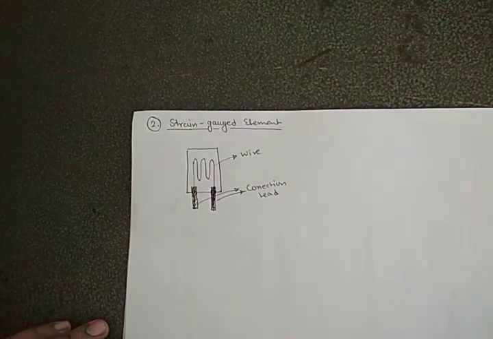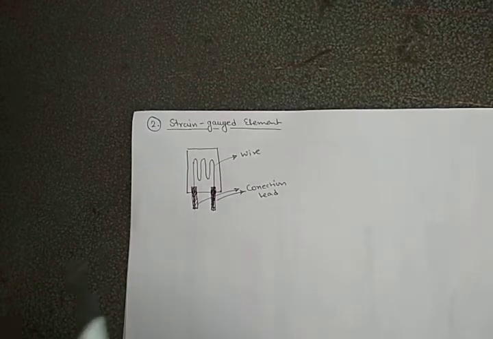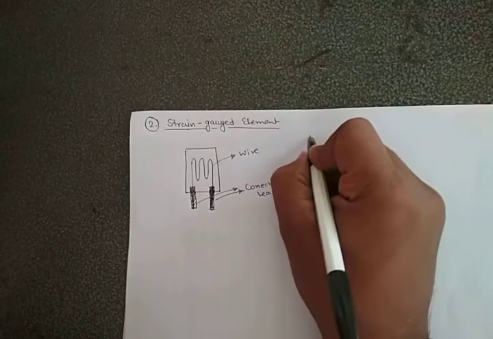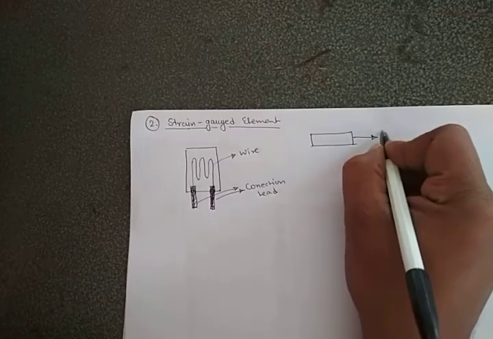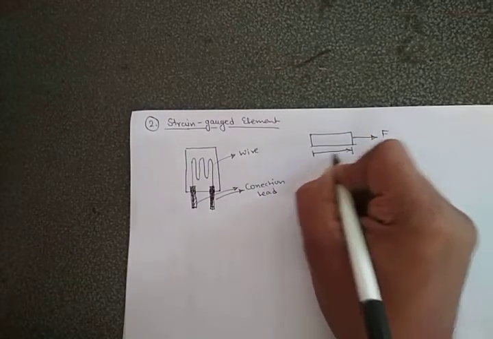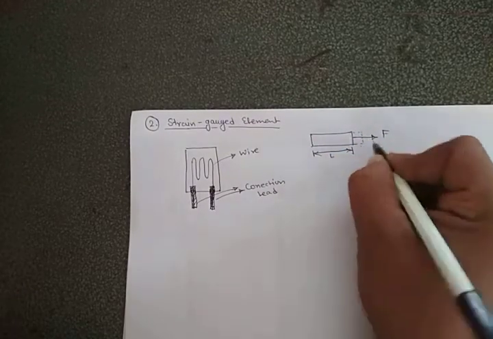Now next we will see the strain gauge element. This type of sensor, or strain gauge, is used for measuring strain. What is strain? If this is the body and you apply a load on that, what will happen?